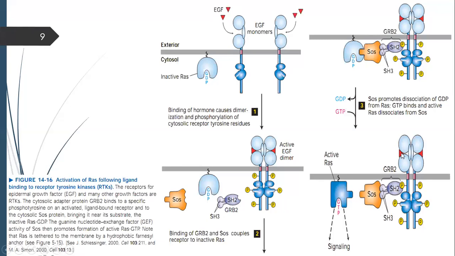All of this happens later on. So this is how the RAS protein is activated. There is an adapter between SOS and the receptor, and this adapter has the most important role in this activation. Up till now, is it clear?